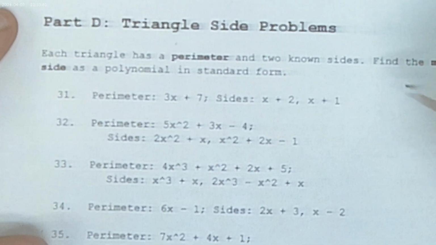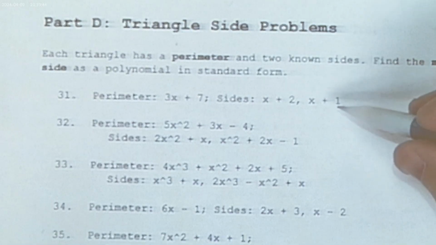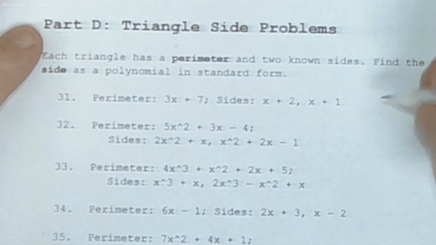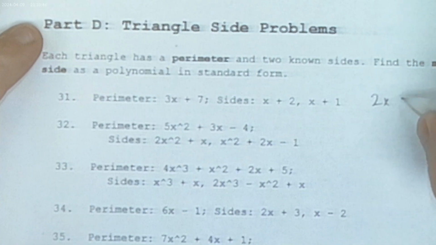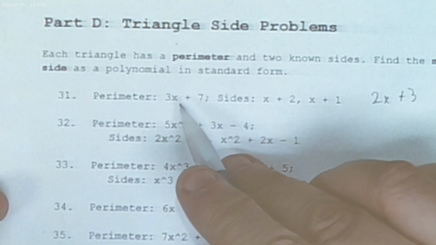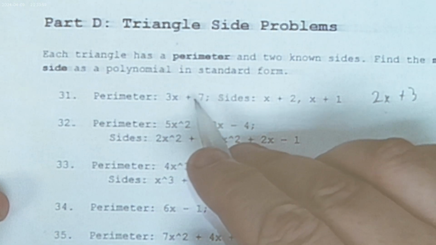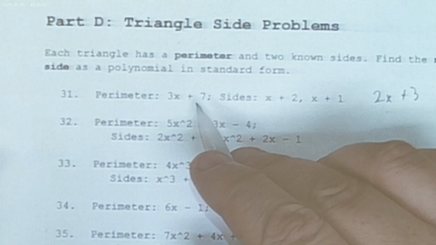Well, the way that you solve these sorts of problems is you add the sides together. So x plus 2 plus x plus 1 gives you 2x plus 3. Now you have to figure out what you have to add to 2x plus 3 in order to get 3x plus 7.